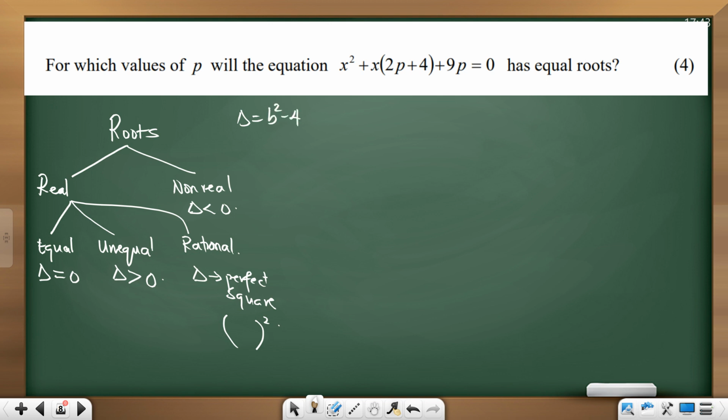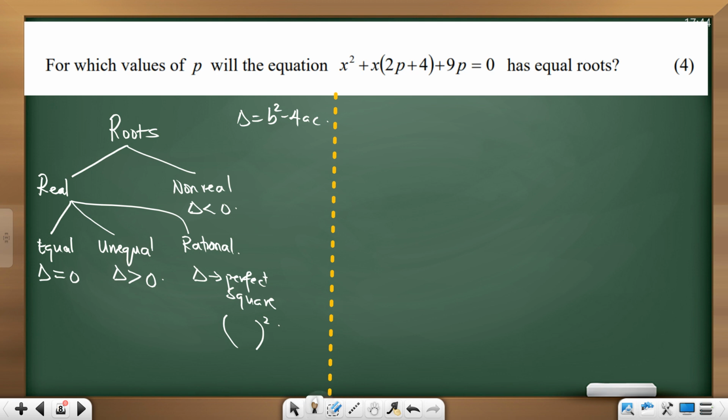B squared minus 4AC. If you just remember that, all questions of nature of roots are then simplified. Again, I think I did post something on nature of roots recently. Posted on YouTube and I'll send the link to you again. Just please make sure you go through those little concepts.